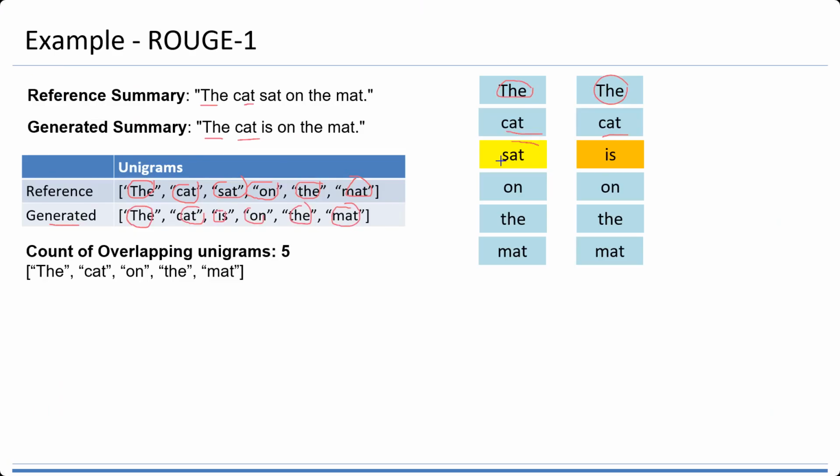What about sat? Okay, this is not the same. This is not overlap. On and on. The and the. Mat and mat. Okay, then we have 1, 2, 3, 4, 5. So 5 of them overlap. So the count of overlapping unigrams is 5.